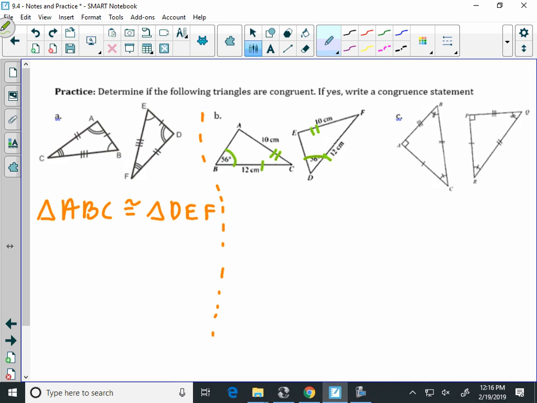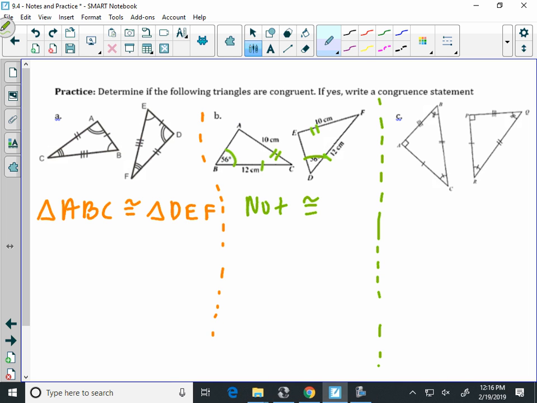Even if they look the same, you can't assume it unless you're told information that can lead you to it. Okay? So not enough info, we can't really state if these are congruent or not. Based off what they gave us, we cannot conclude that they're congruent. They might be, but we just can't.